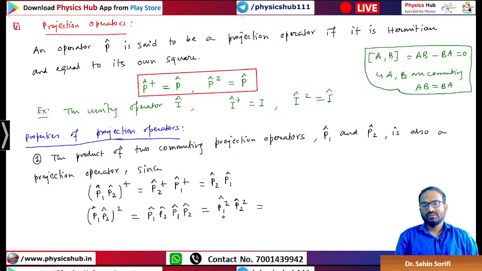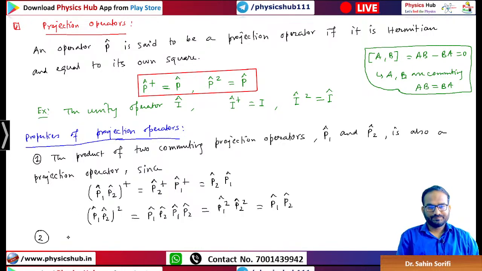Because P1 is a projection operator, P1 square must be P1, and P2 square must be P2. So it is following the properties of a projection operator. So we can say P1 P2 is also a projection operator.